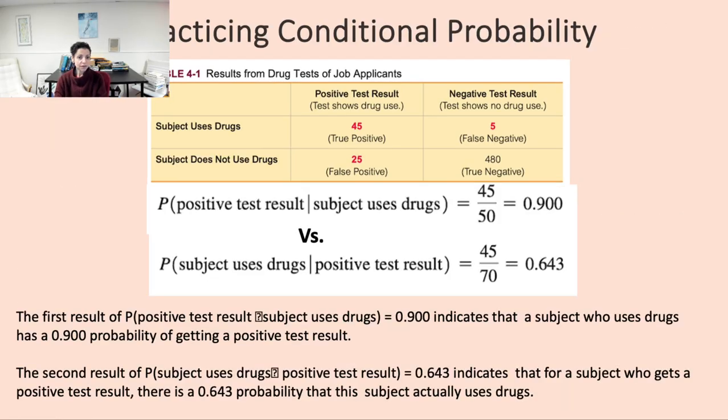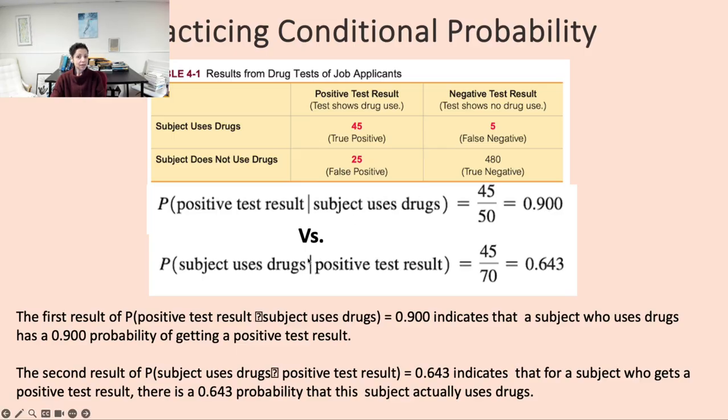So that is very interesting, because basically we asked two questions. Number one, what is the likelihood among the people who use drugs? What's the probability that they will test positive? That gives us 0.9. If you use drugs, there is a likelihood of 0.9 that you will test positive.